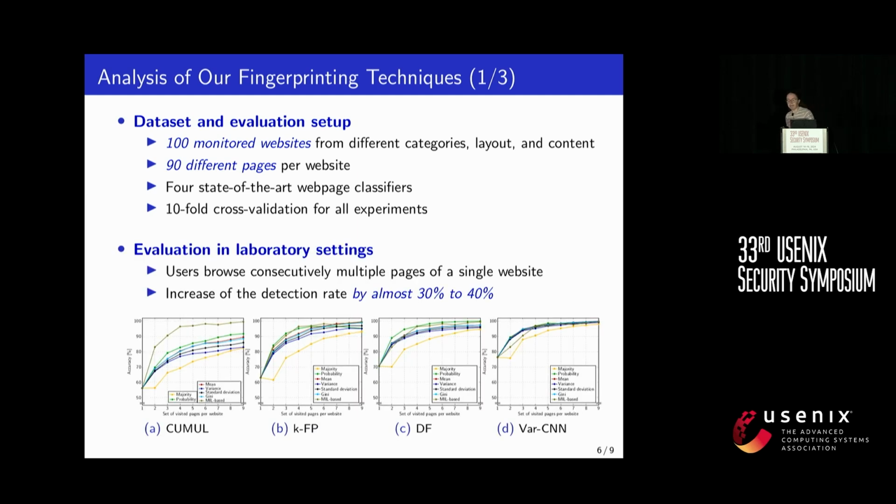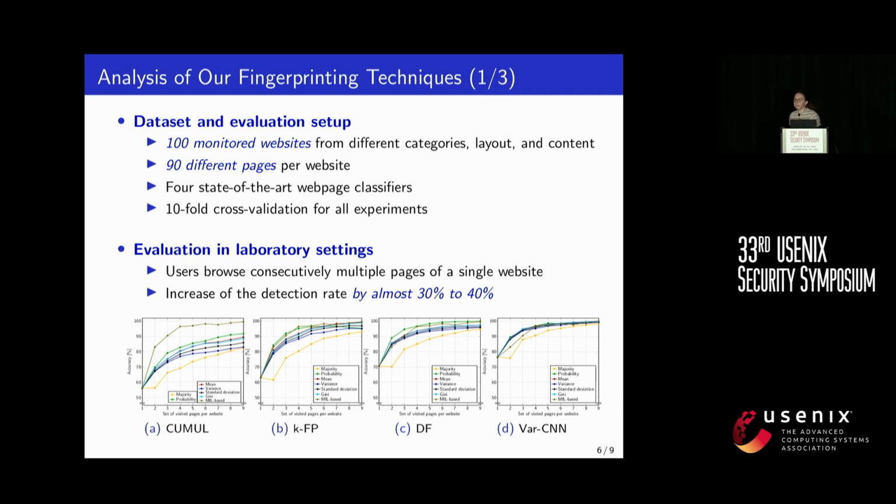For our evaluation in the laboratory settings, we achieve an increase in accuracy of almost 30 to 40% for both our voting-based strategies and our set-aware classifier when users browse multiple pages consecutively.